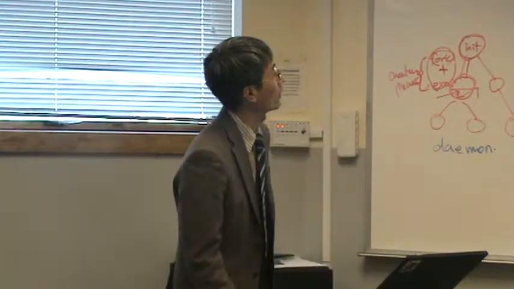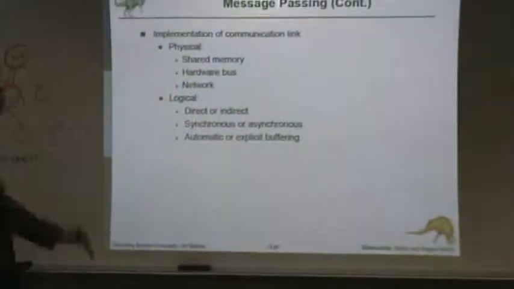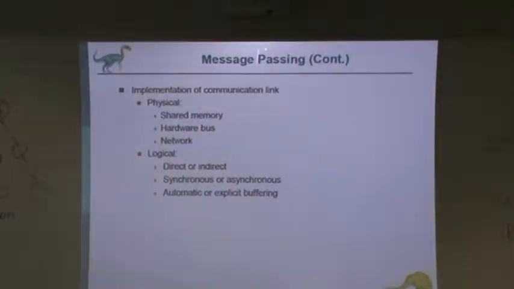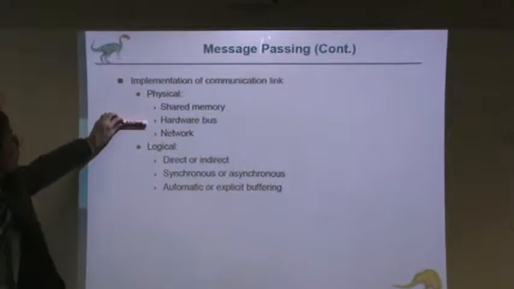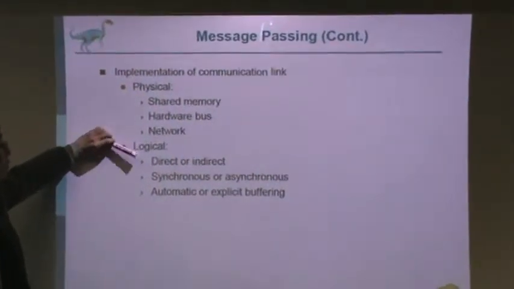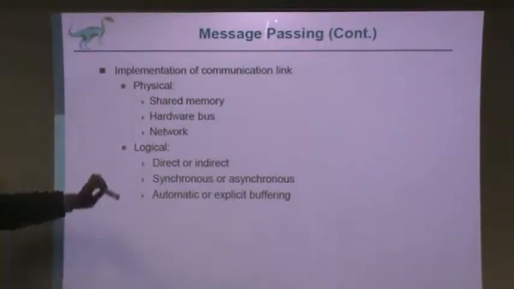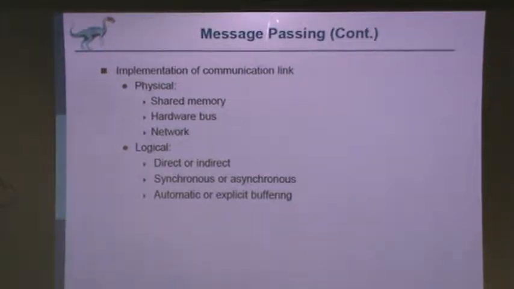So this slide shows the different types of implementation for the communication link. We can use shared memory, hardware bus, and network, and logically we can use buffering. I'm not going to accept using a global variable.